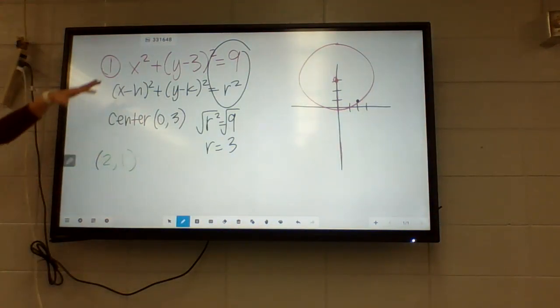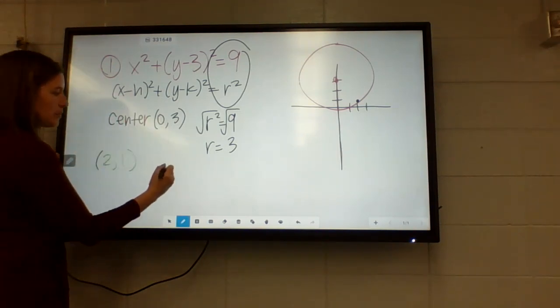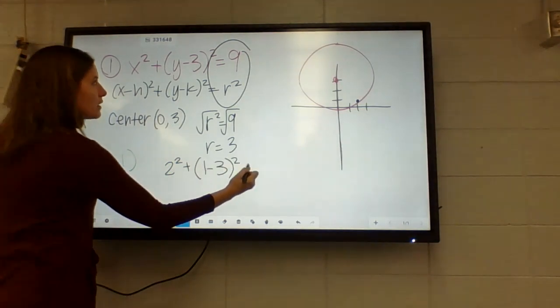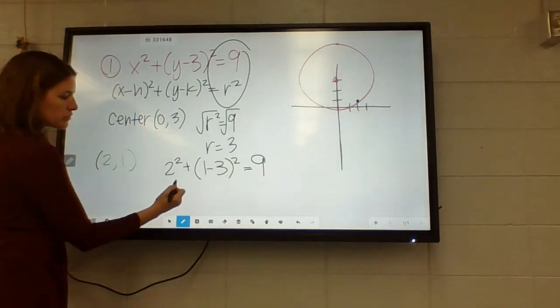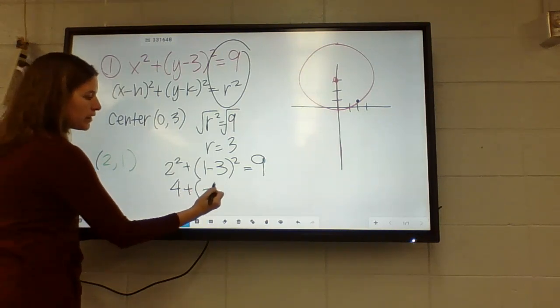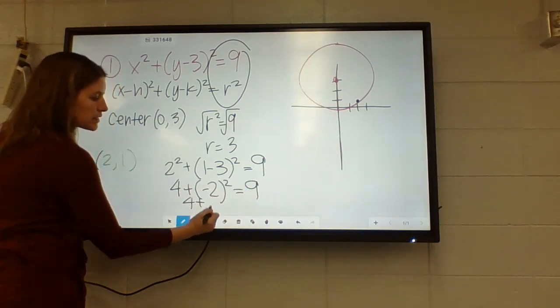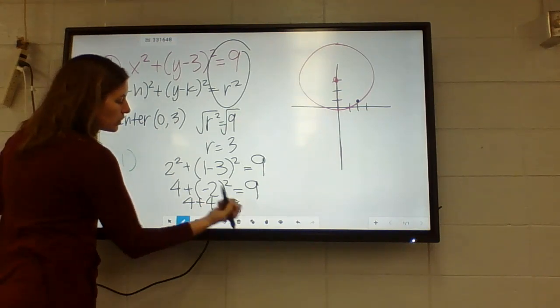So we're going to check that in this equation. We're putting it in for the x and y. So it'll be 2 squared plus 1 minus 3 squared equals 9. So 2 squared is 4. Negative 2 squared is also 4. So we get 4 plus 4 is 8, which is close to 9.